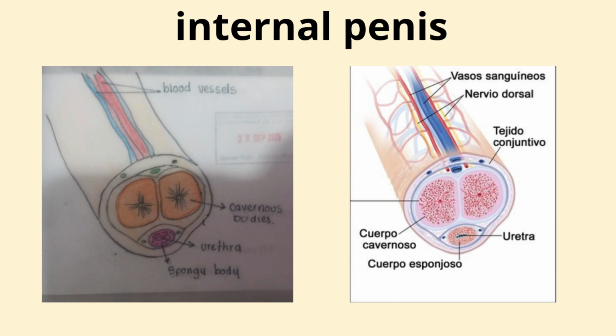On each side are the two corpora cavernosa. These are paired erectile bodies made of trabecular smooth muscle and vascular space. During sexual arousal, arteries dilate and blood fills the space, producing an erection.